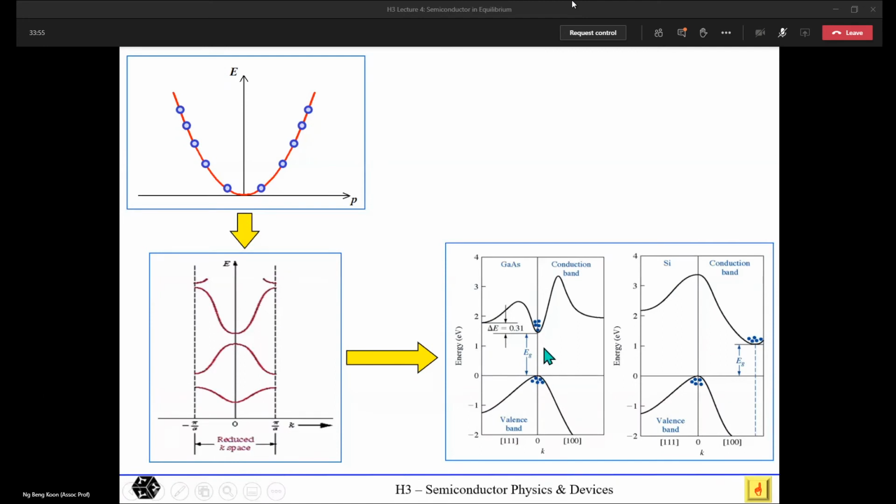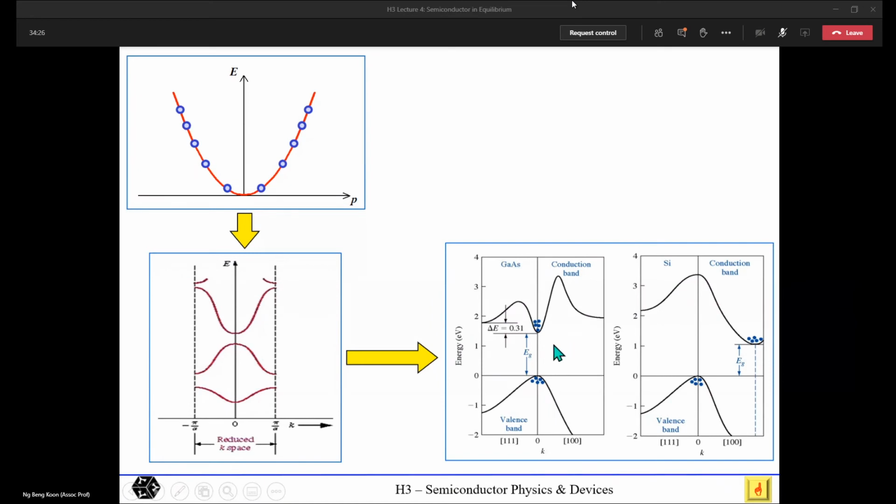We call such a semiconductor a direct bandgap semiconductor, and we explained that for this type, the transition of an electron from the conduction band edge to the valence band edge is highly probable, in the sense that it can occur readily because conservation of energy can be satisfied, and you also have conservation of momentum.